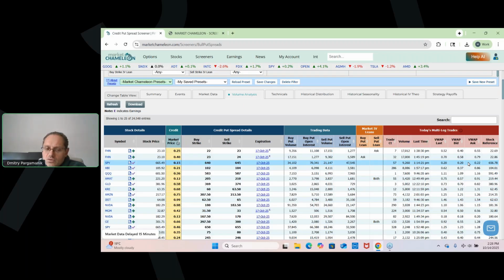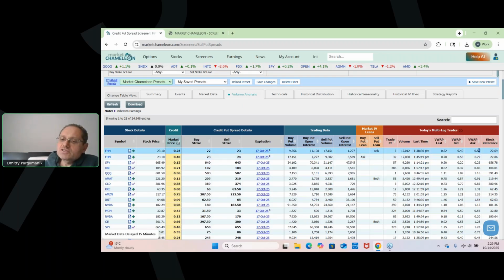So what this quickly lets us know is, well, there's liquidity in this particular spread. It traded a lot. There's definitely interest in the spread. It also indicates to us that it traded closer to the ask price, right? So a 40-cent bid, but it traded closer to the ask price, 52 cents versus 55.